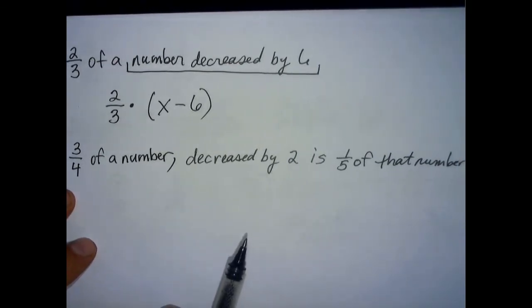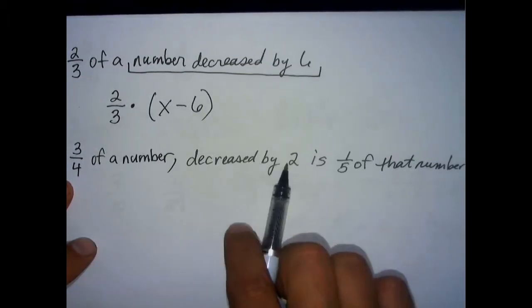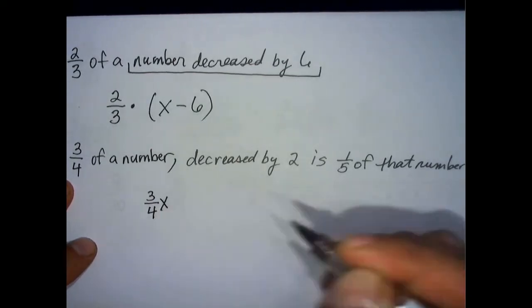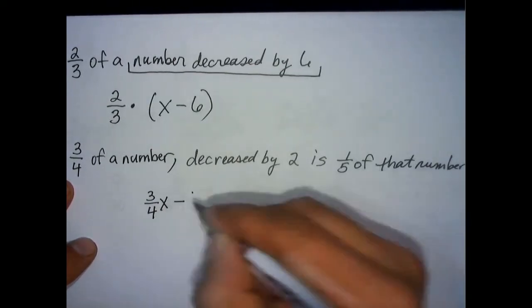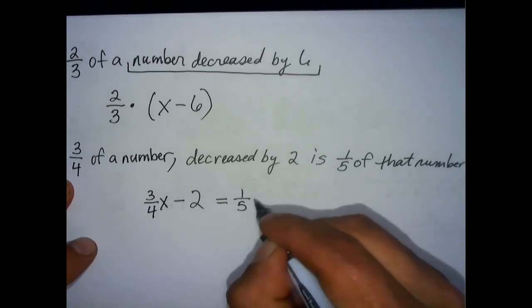Let's squeeze it on there. 3/4 of a number decreased by 2 is 1/5 of that number. So this comma here means we don't do number decreased by 2 first. That means we take 3/4 of a number decreased by 2 equals 1/5 of the number.